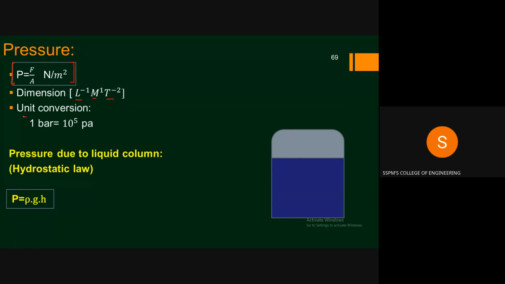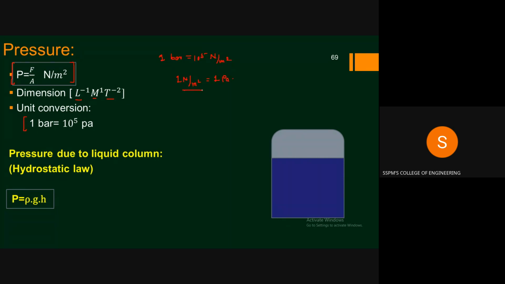Sometimes pressure will be given in terms of bar. This is the relation between bar and the Pascal: 1 bar pressure is equal to 10^5 Newton per meter square, and 1 Newton per meter square is equal to 1 Pascal.